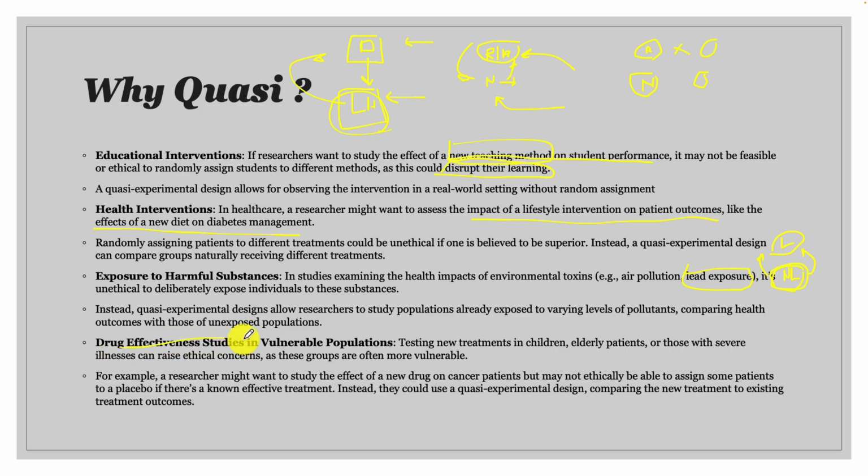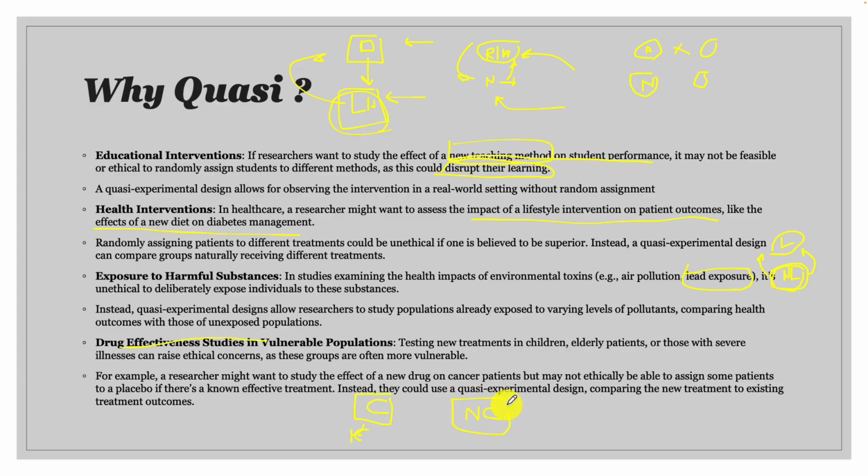If you're looking at the effectiveness of certain vulnerable populations, well, let's say I'm in the world of pharmacy and I am looking at people who have advanced cancer, and I want a control group who are people that do not have cancer. So I'm going to say NC, no cancer.